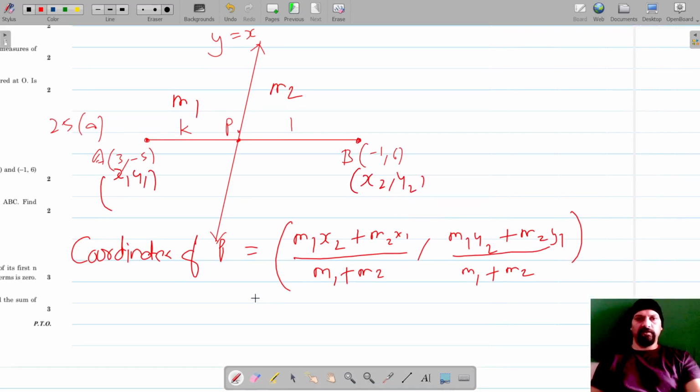If we replace their values, m1 is k, x2 is minus 1, m2 is 1, x1 is 3 upon k plus 1.